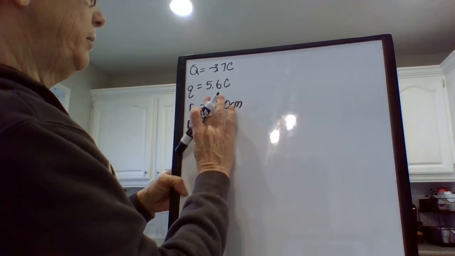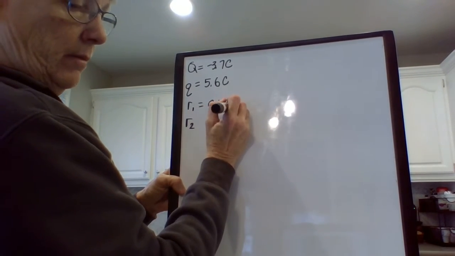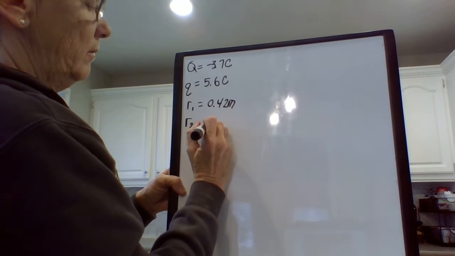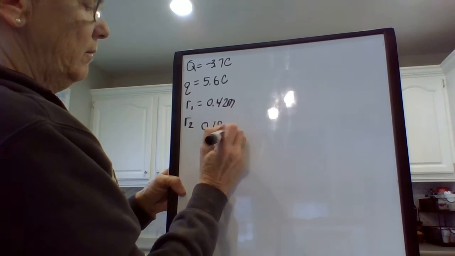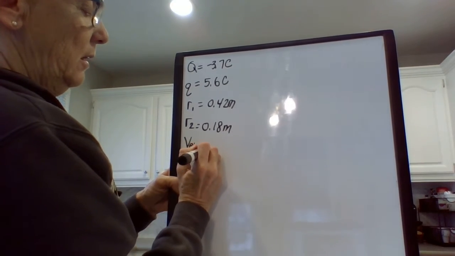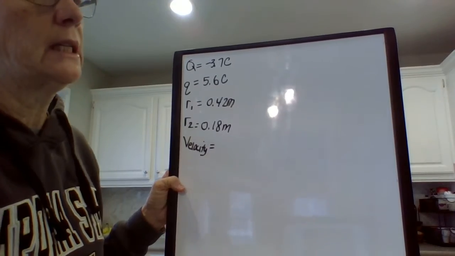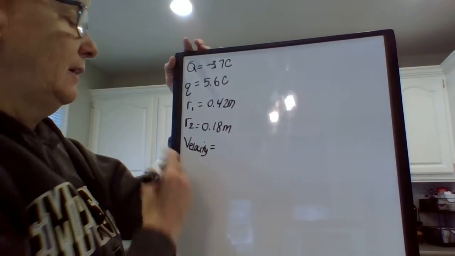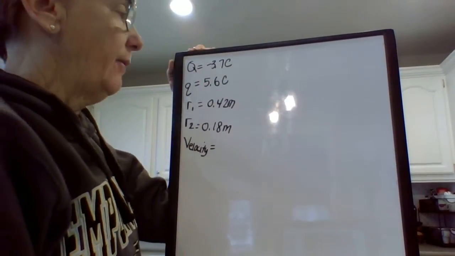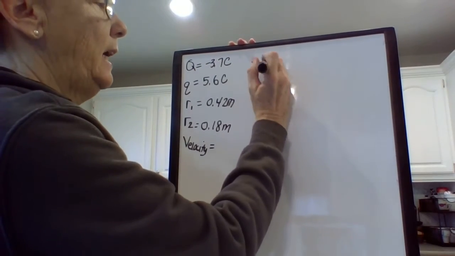I'm going to convert that to meters. If you get confused with electric potential and velocity both being V, you can write velocity or something to help you know the difference. So this is the steps.